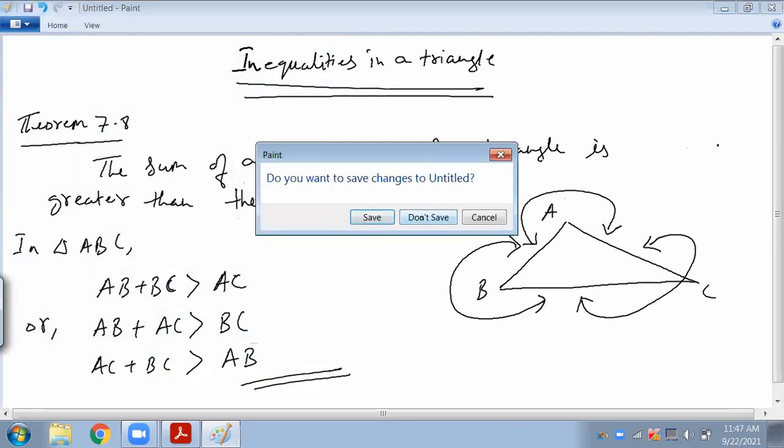So once again, we'll see what. Now, first theorem is what?